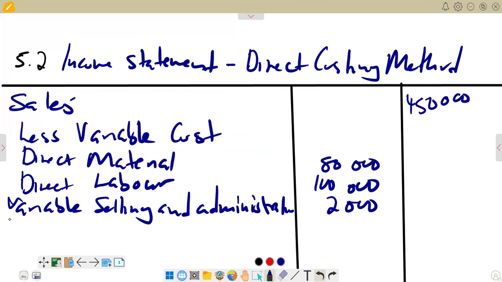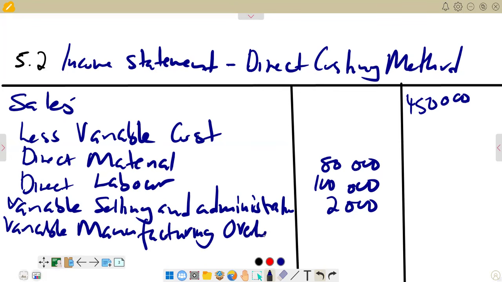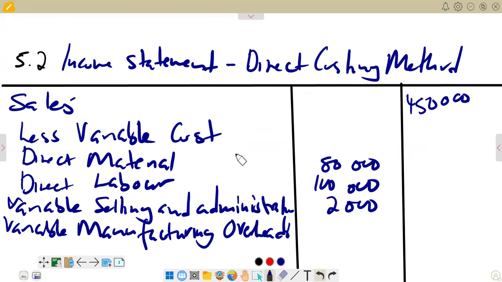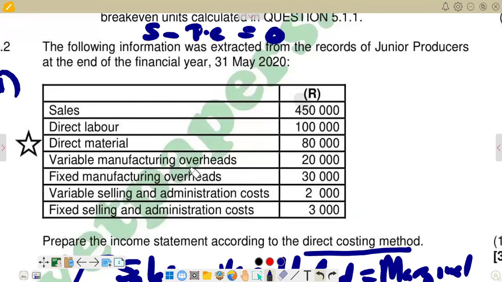And also we have variable manufacturing overheads. We recheck the value, and we put 20,000.